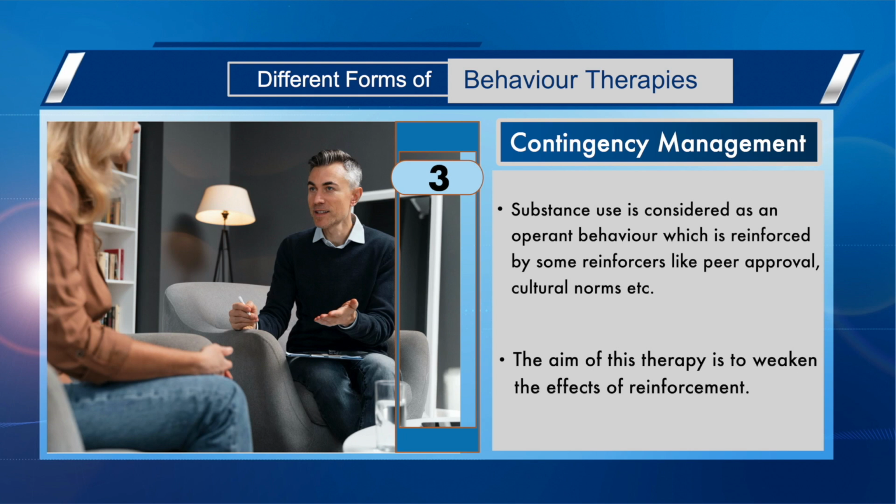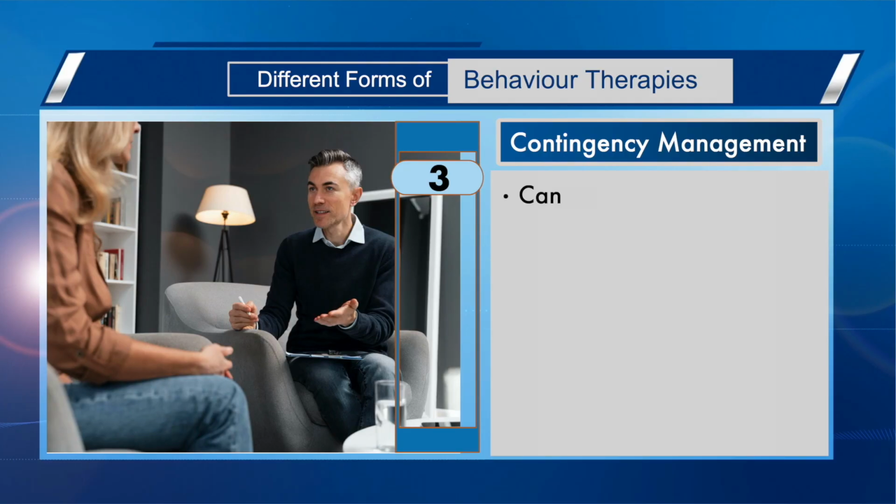A behavior that is reinforced in close temporal proximity to its occurrence will increase in frequency. If you give a child a small toy or sticker every time he makes his bed, then he is more likely to make his bed next time, and its frequency will increase with time. You all might have experienced such things.